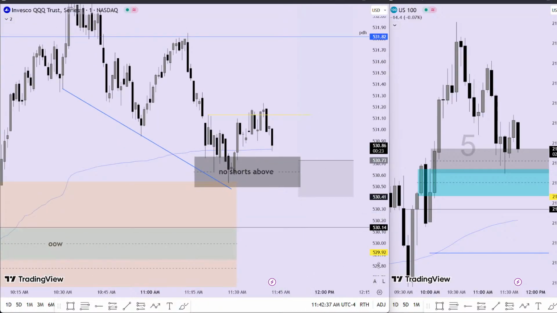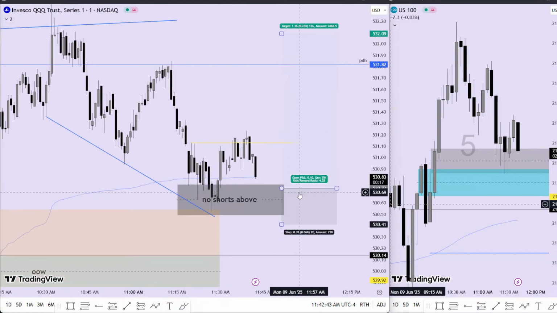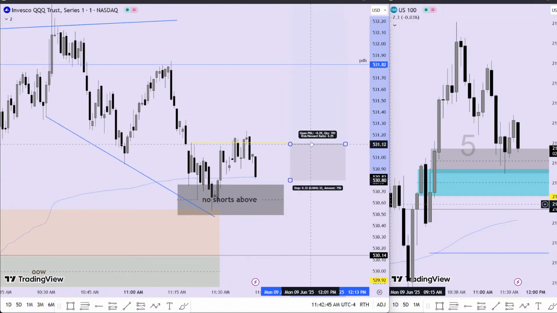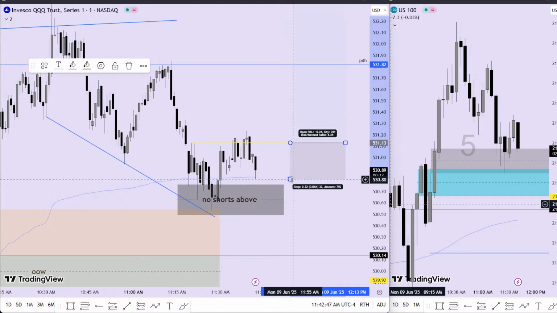Hopefully we're still below the moving average. Not the ideal, but I would be more interested in buying it right around this point.